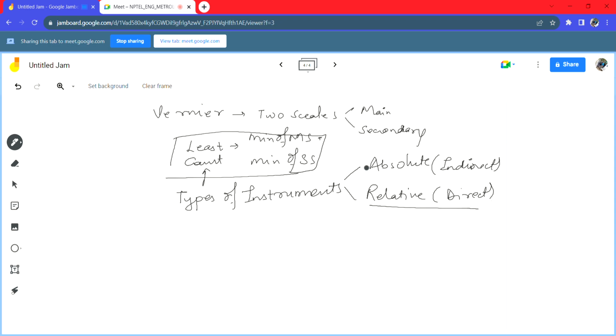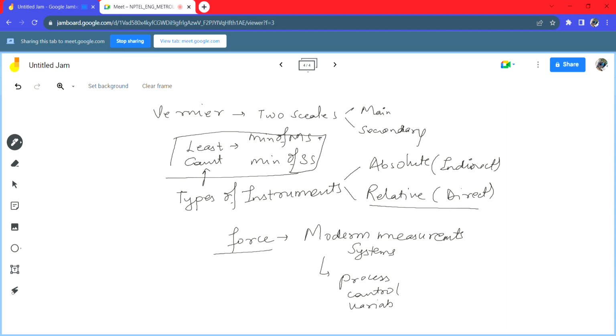Now, if I have to measure the force and I don't know what force exactly is at that point of time, what happens in modern measurement systems is that we have the process control variable as an electrical parameter.